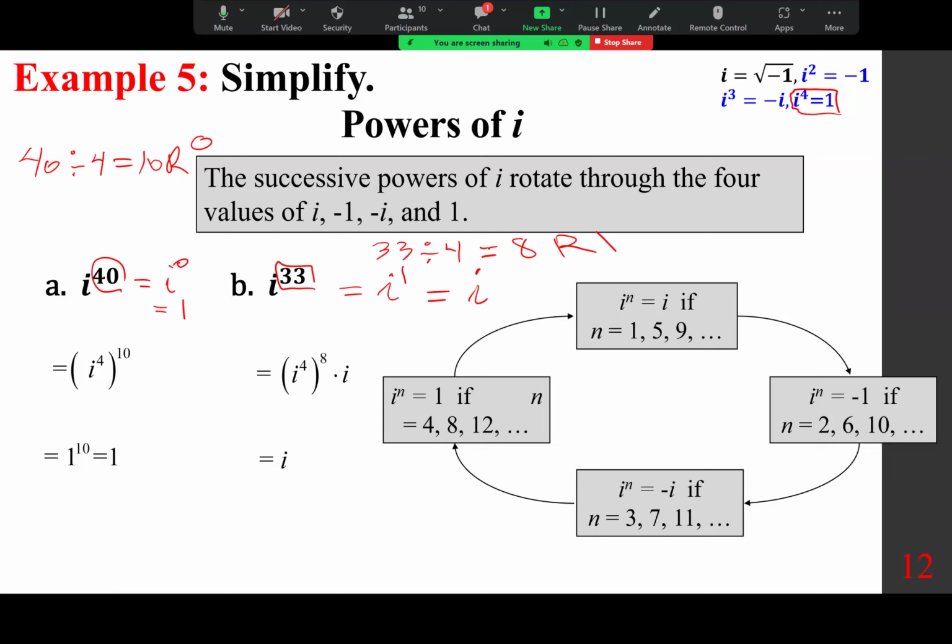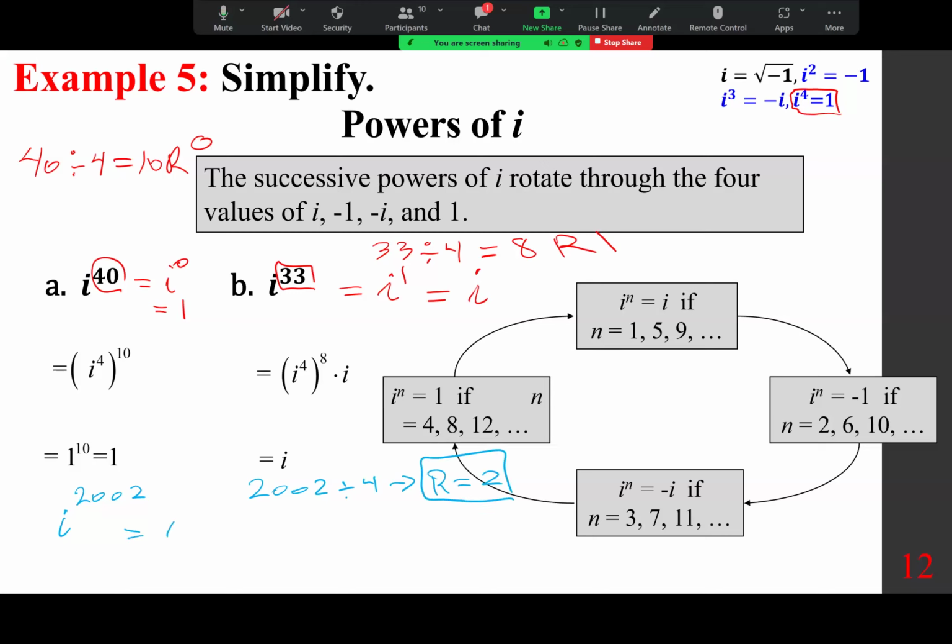Give you one more example, because believe you me, if you follow this methodology, it's a lot easier. So I to the power of, let's say, 2002. If you divide 2002 by 4, remember, you don't even have to know what the answer is. Of course, it's 500 with the remainder 2. We just want the remainder. Remainder is 2.